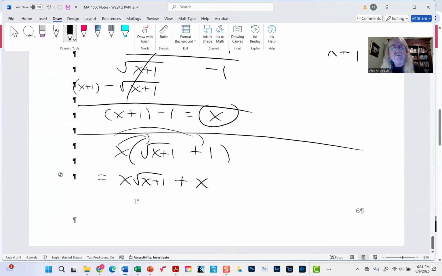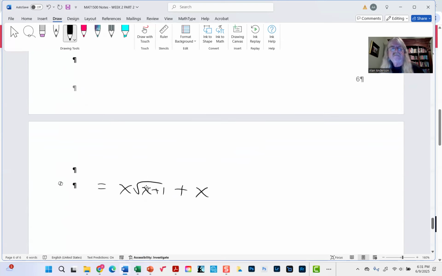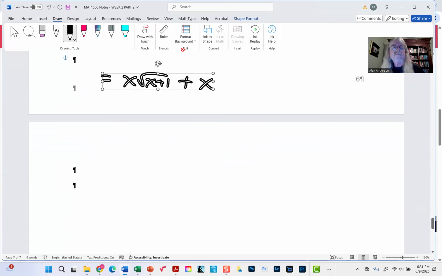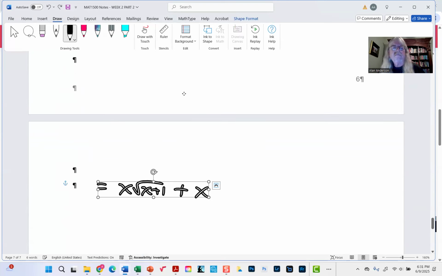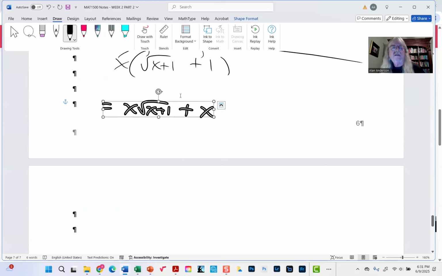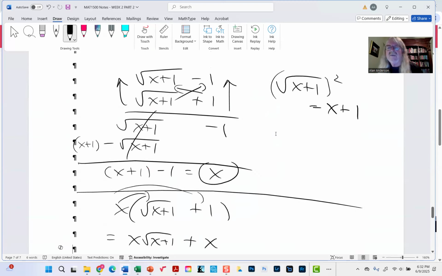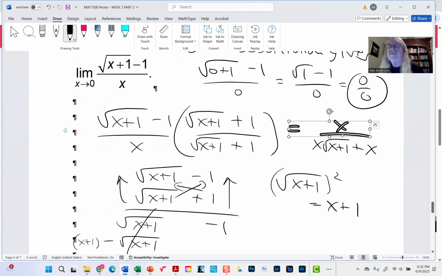Well, now we have the opportunity to reduce it a little bit. Oh, there we go. Sometimes it lets me copy things and sometimes it doesn't. But anyway, let me copy this.